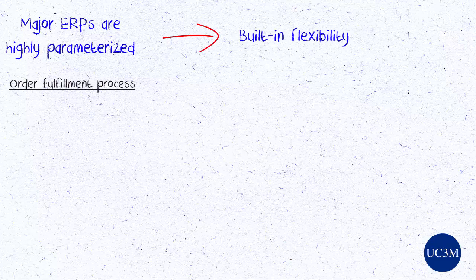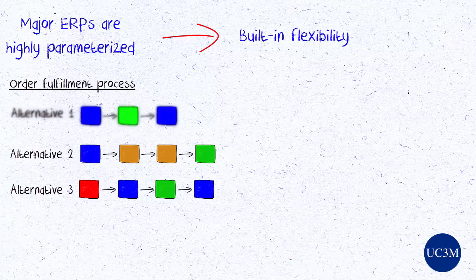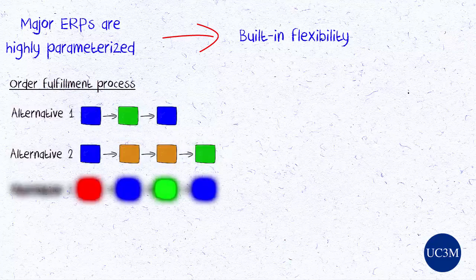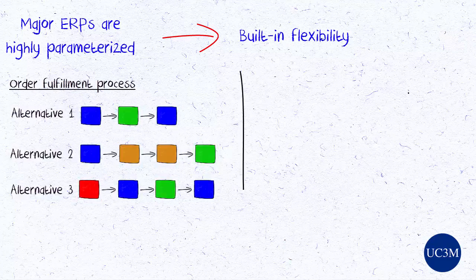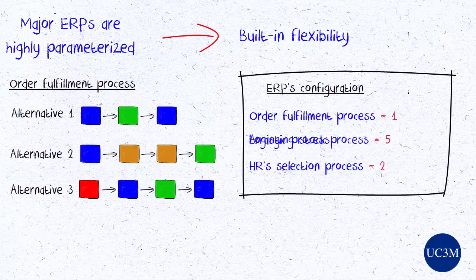Rather than rigidly predefining how the work will be carried out, the software is capable of supporting multiple alternative ways of doing it. The user company can choose, within this built-in flexibility, the alternative it prefers for each task or process, by simply assigning the appropriate values to the so-called parameters, while configuring the ERP, without any coding.